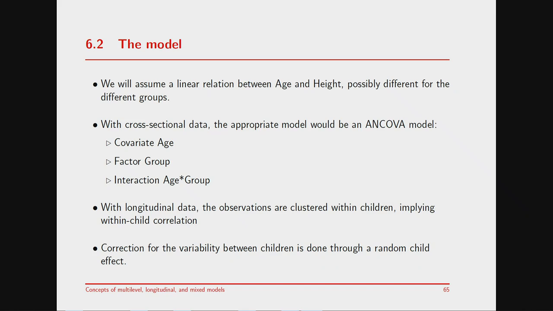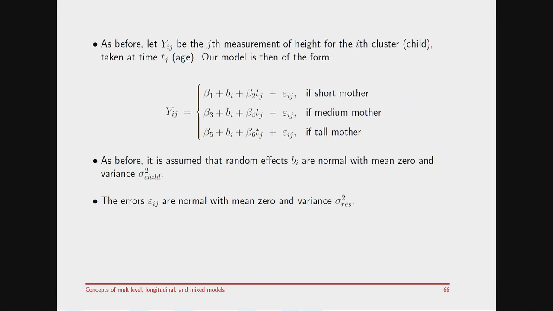In general, it's the variability between the clusters that you take into account. So here, it's going to be the variability between the children, because your 100 observations come in clusters of size 5, and each cluster represents a child. Every child contributes 5 observations to that data set. So this is the model that we will be using.